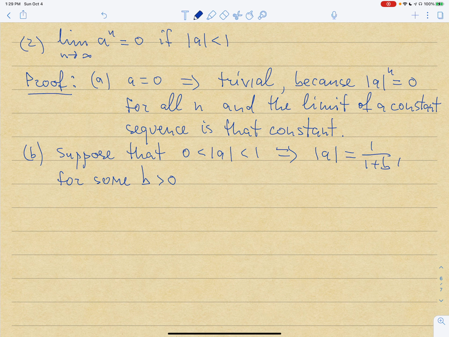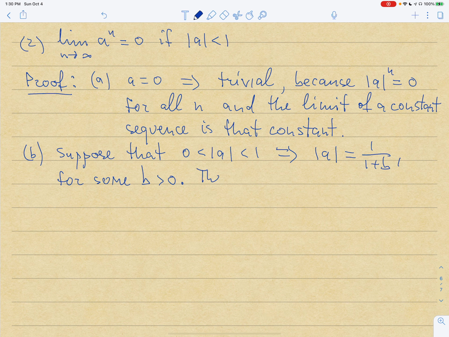The way to show it basically is to solve for b, which equals 1 over absolute value of a minus 1. And this should be positive. So we have that.